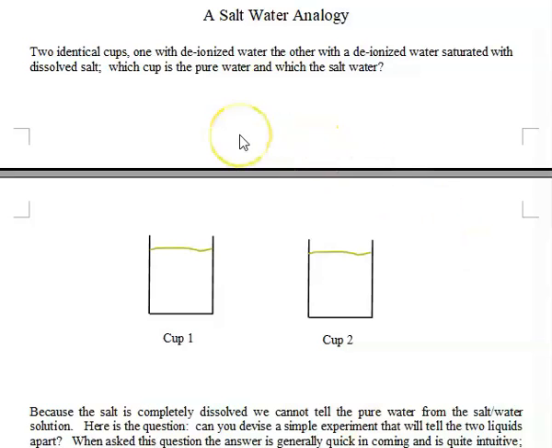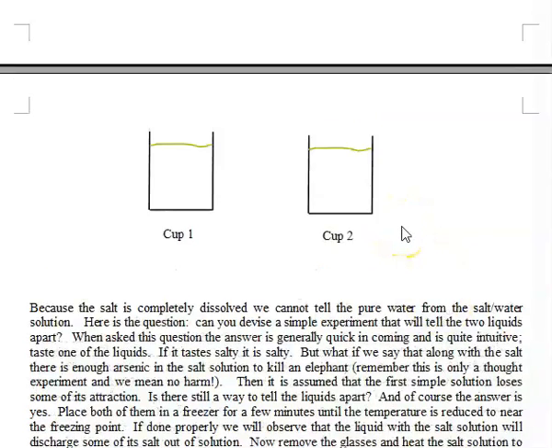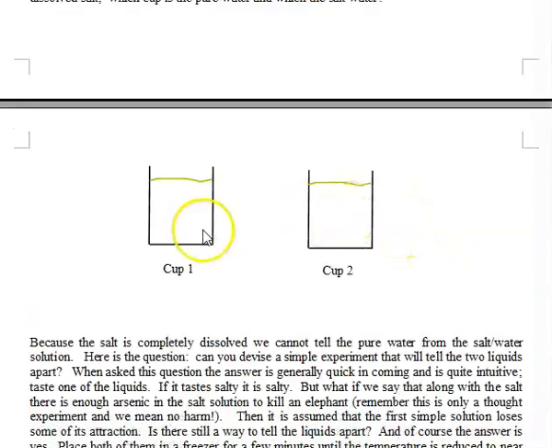So I would like you to consider 2 cups of water, clear glasses of water, cup 1 and cup 2. Let's just say cup 1 contains pure water. Cup 2 contains water which has in it enough salt so that it is completely saturated.